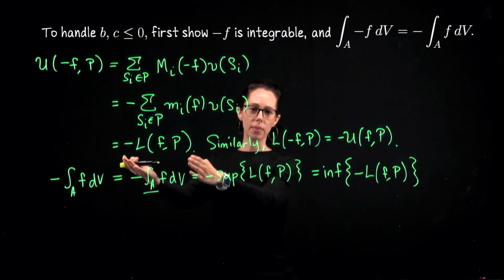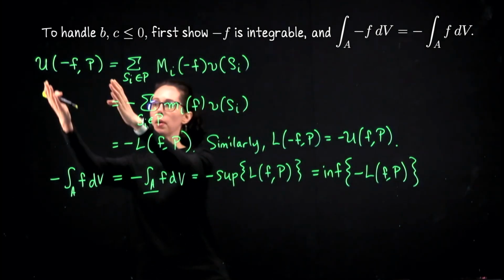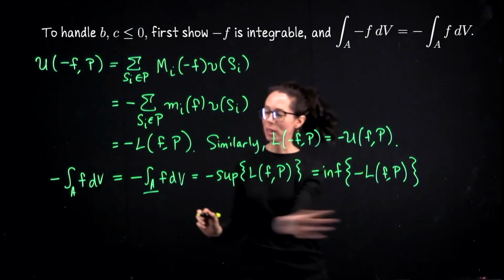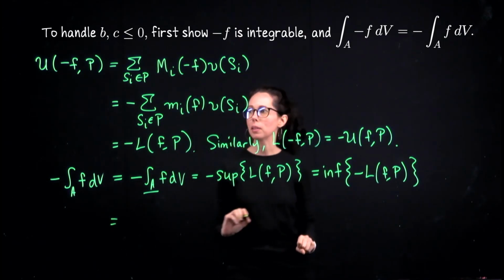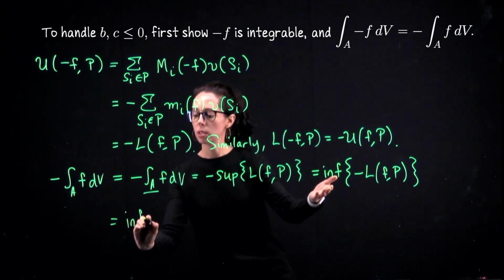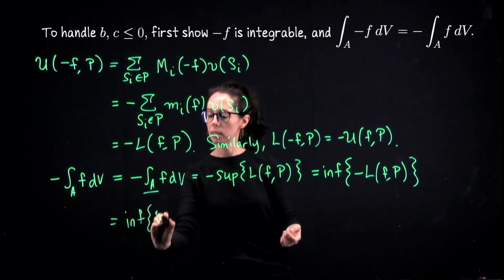Taking the infimum of this quantity over all partitions P is the same thing as taking the infimum of this quantity. So I'm sorry, I'm just trying not to erase the board. I'm going to drop down here and kind of keep going to the right. This isn't how I like to see math formatted, but I'm going to run out of room. So same infimum. I'm just doing a substitution in here. This is going to get replaced with this.